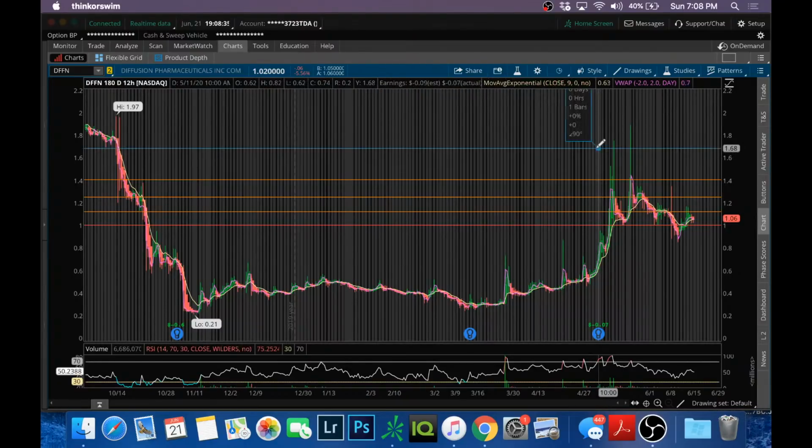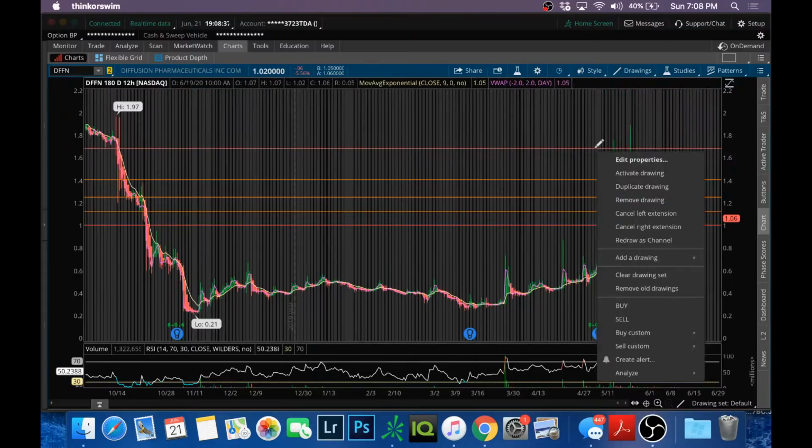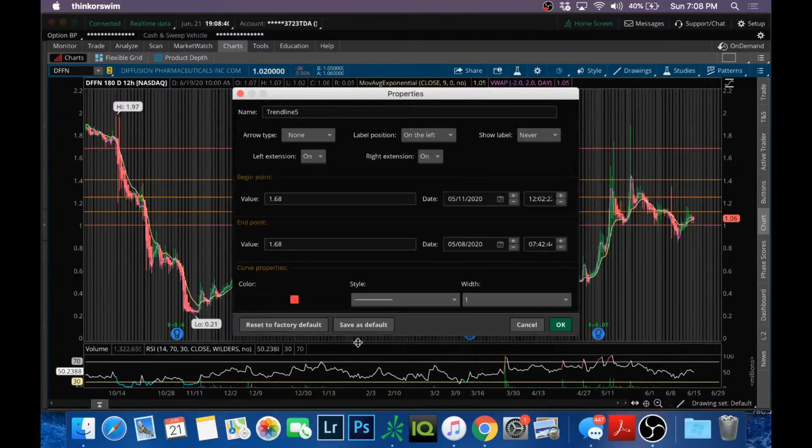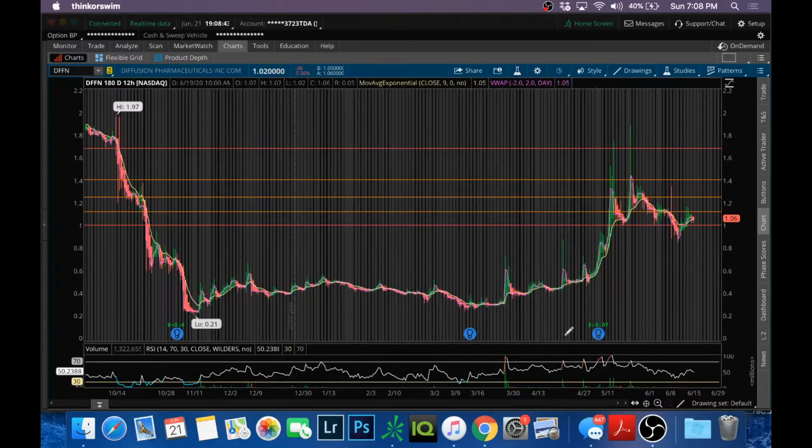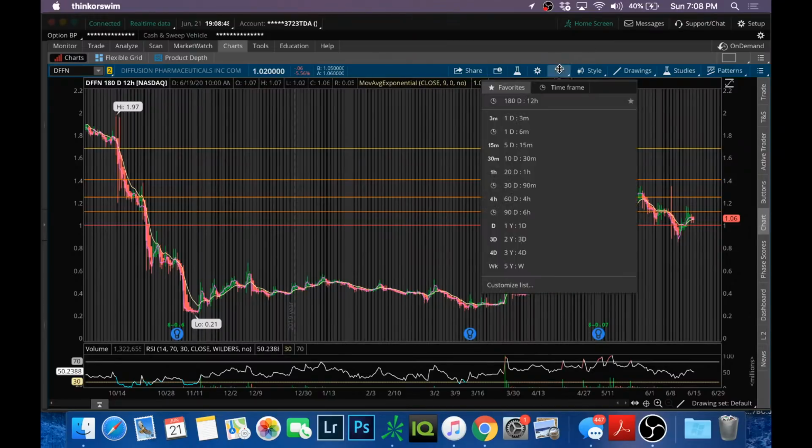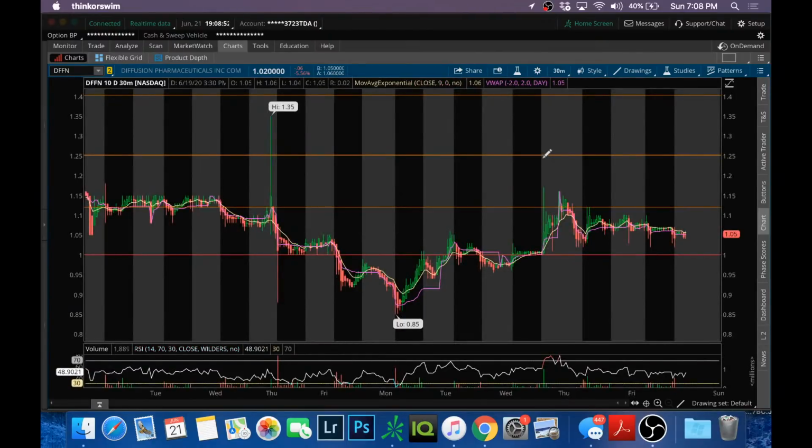Also, people's mindset is that there's going to be a second wave coming in. So I expect more pharmas to be targeted by day traders, especially with how low priced these ones are, just like DFFN. We could see tons of them. Even RMed, remember RMed was a play back then.